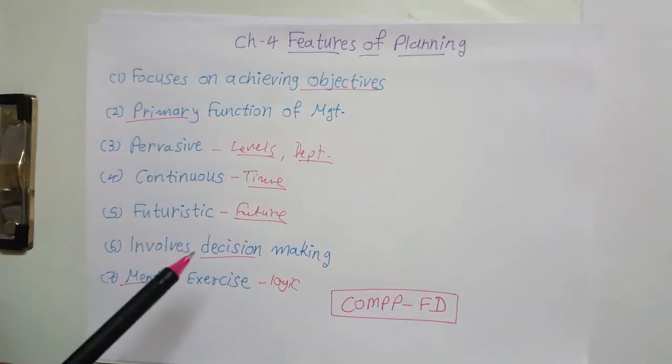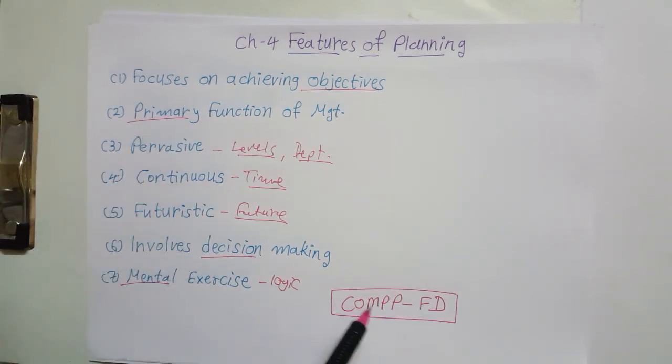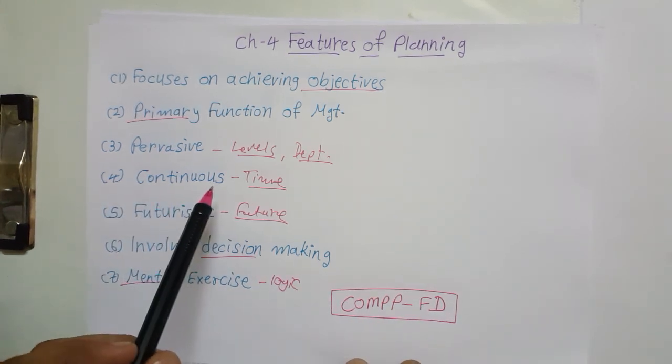All these points you can easily remember with the help of this word, COMPFD. COMPFD is not a word from the dictionary, but it is made to help you remember all these points. C means planning is a continuous activity.